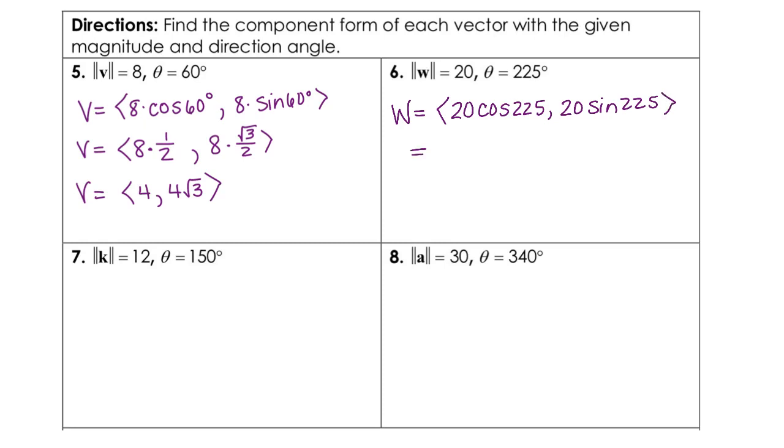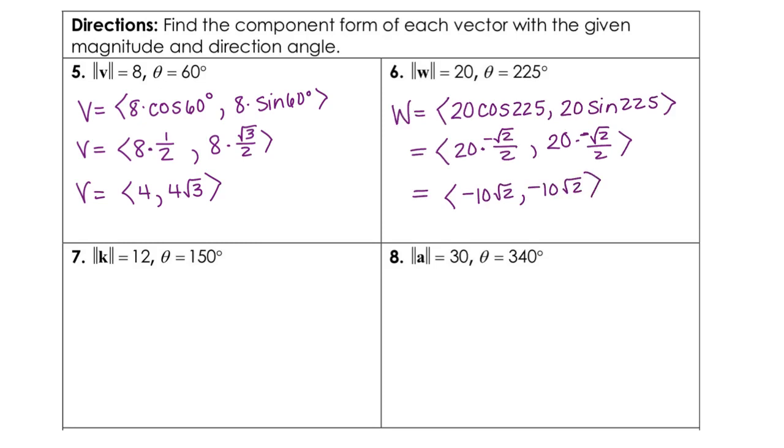And so 20 times cosine of 225 is going to be negative root 2 over 2, comma, and then 20 times, again, that 225 is in the third quadrant, so that's negative root 2 over 2. And so simplifying this, you're going to get negative 10 root 2, comma, negative 10 root 2.